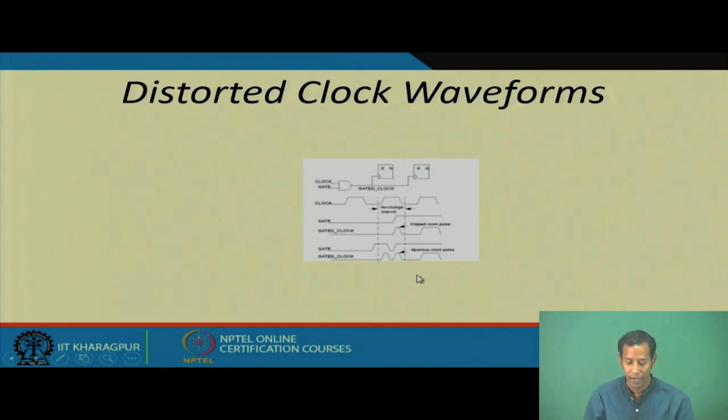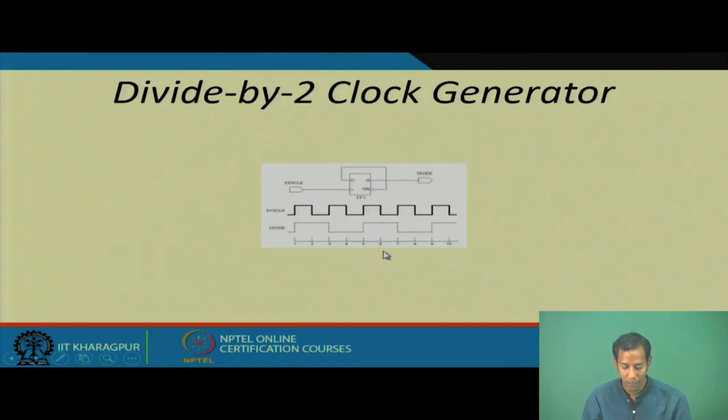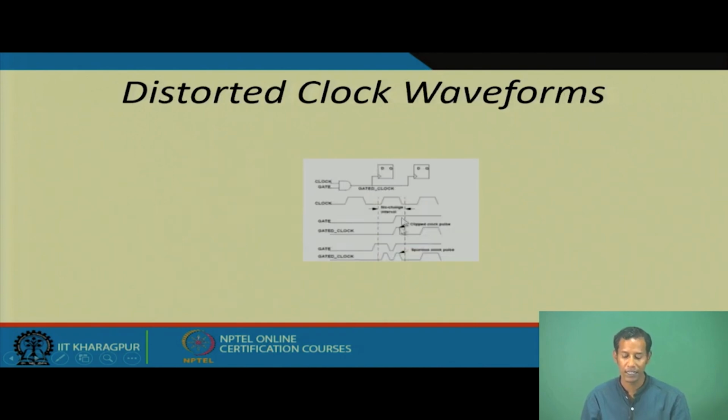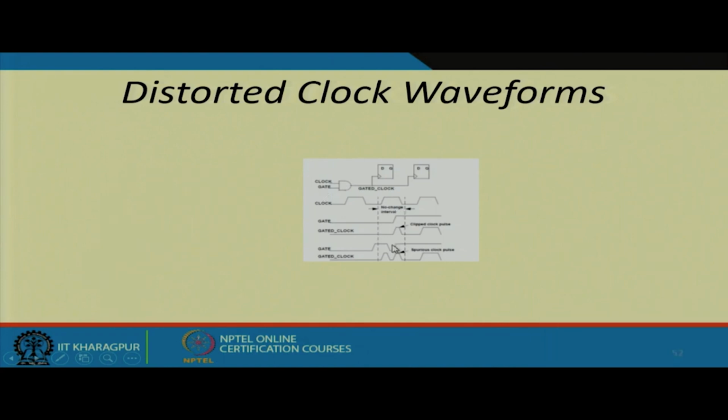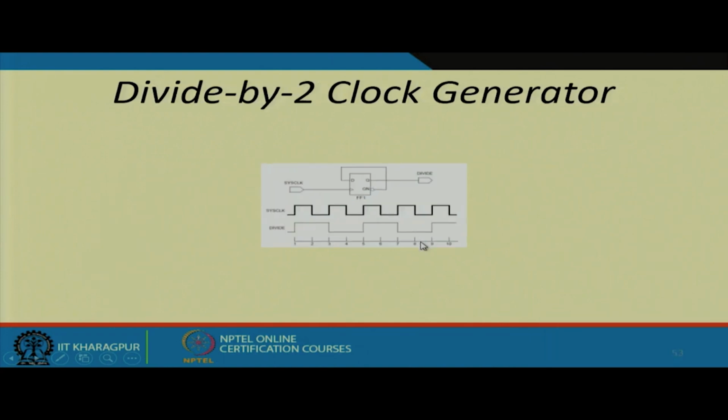And sometimes in the gated clock design, we will get a glitch. Why will we get the glitch? Because these gates are already having a delay. We will consider that later, not in this particular example; we have that example later and we will discuss it then.